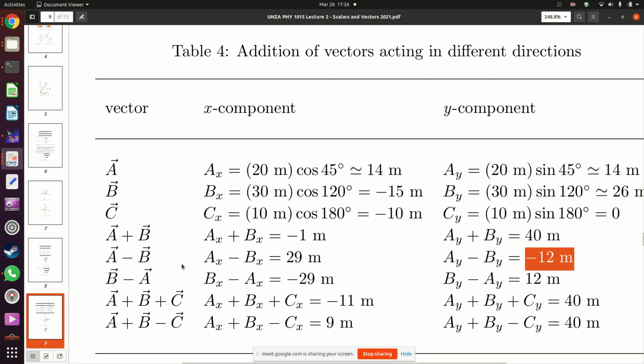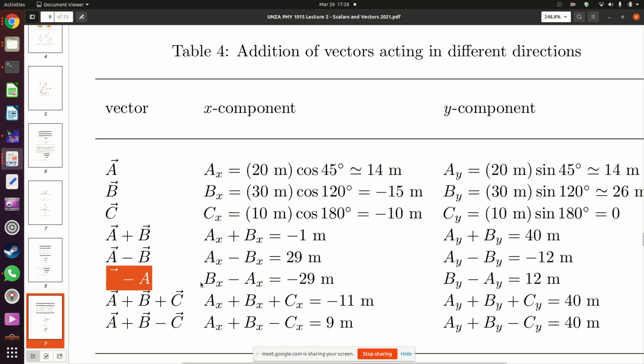Okay, next. Vector B minus A. For each vector, again, we need to find out how much it is along the x-axis. We need to find out how much it is along the y-axis. So for B minus A, the question is how much is B minus A along the x-axis and how much is B minus A along the y-axis.